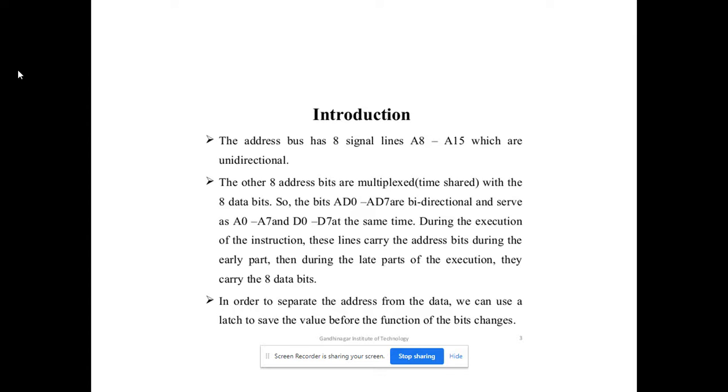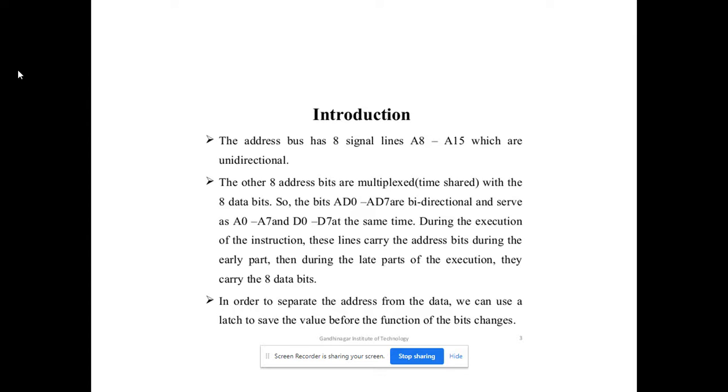The address bus is a unidirectional bus that is used to carry the address. This is a 16-bit bus. The other bus is the data bus, which is an 8-bit bus, and the lower 8 bits of the address bus are multiplexed with the data bus.